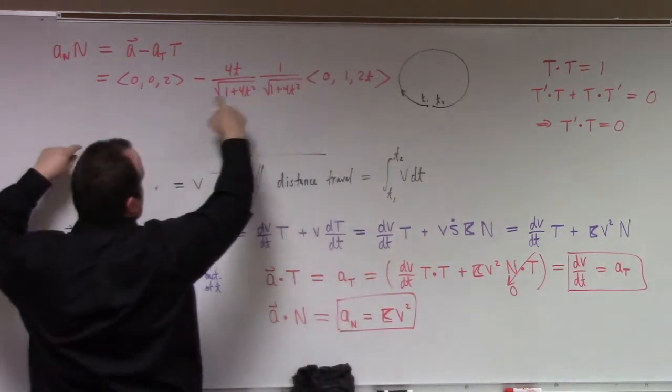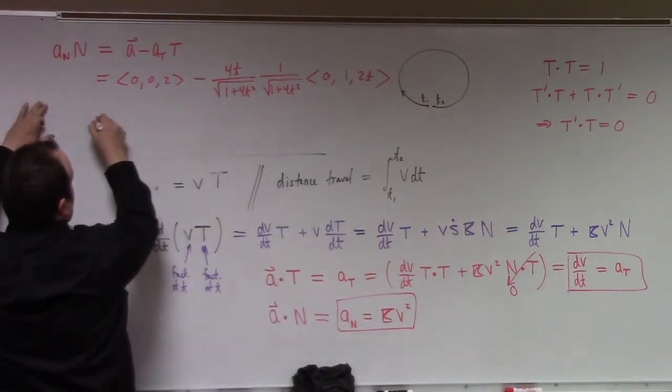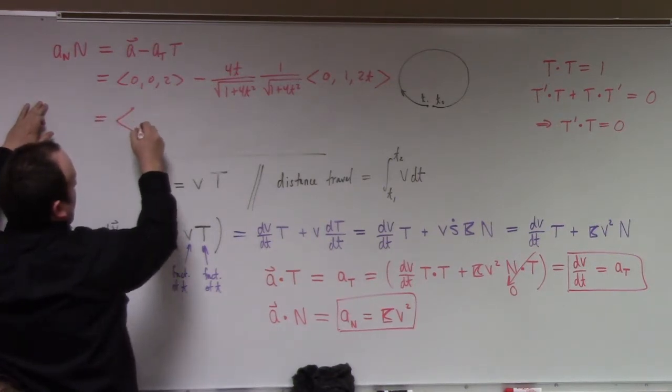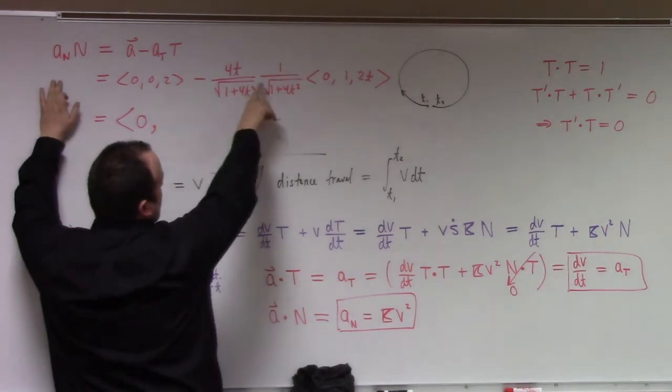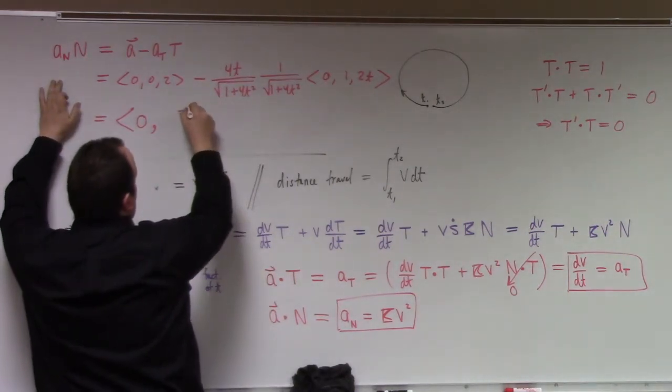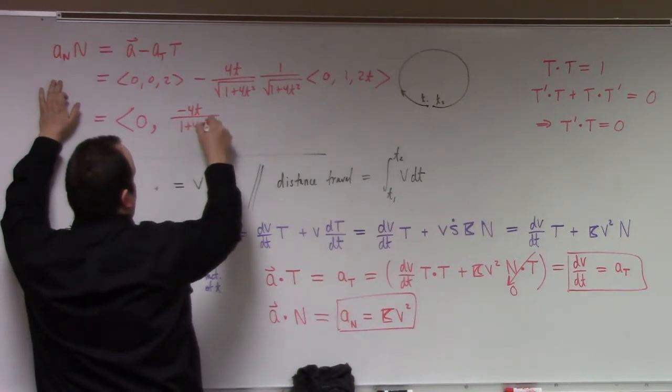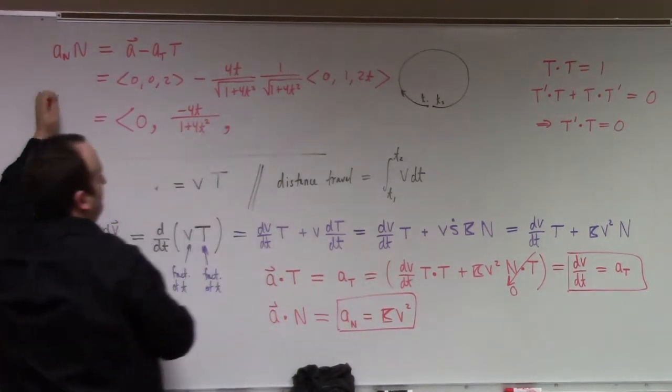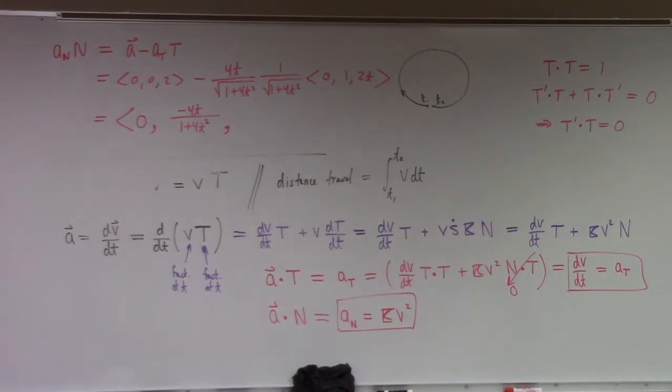What does this give us? 0 in the first component, right? Next we got ourselves a minus 4t over 1 plus 4t squared. And what's the last one?